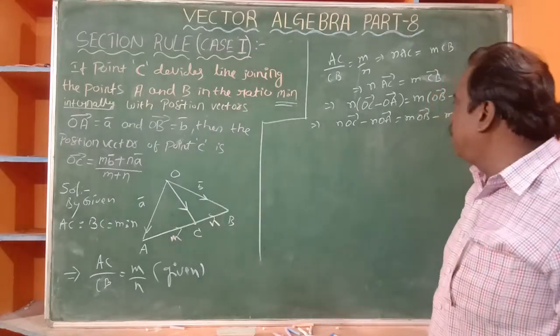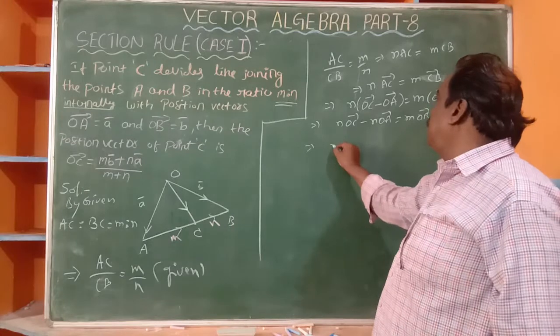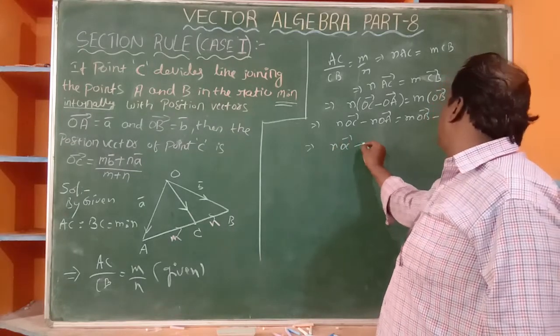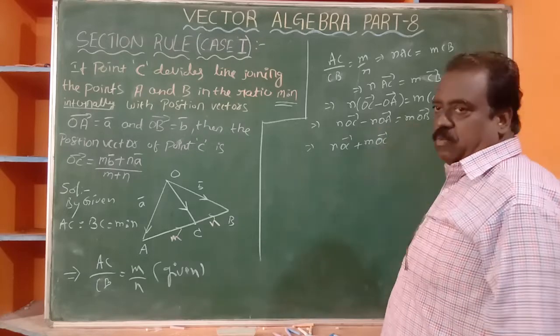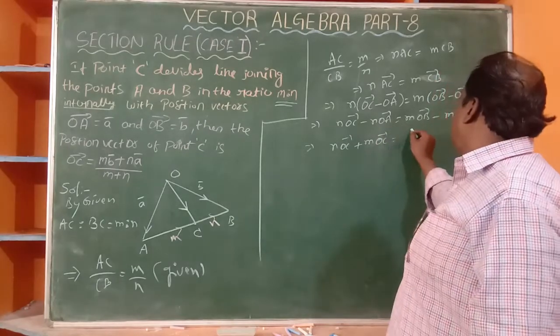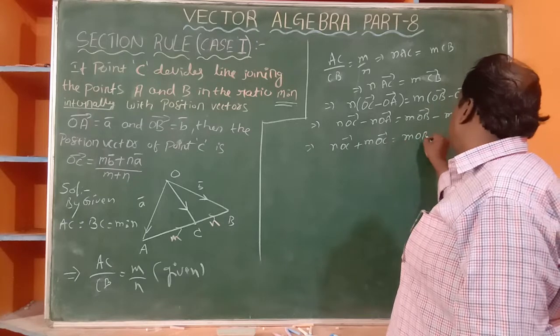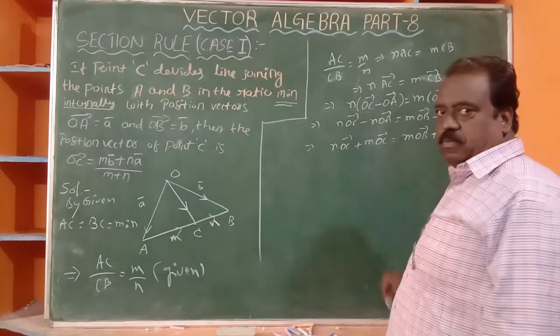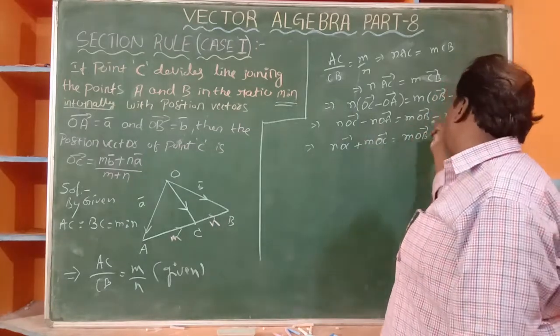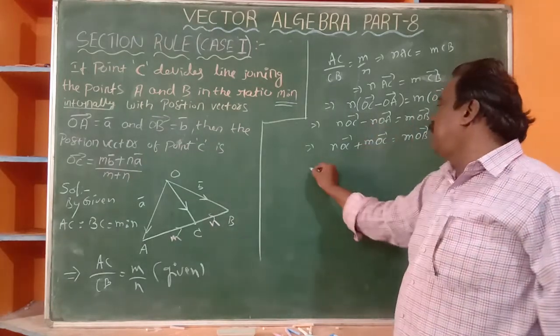Okay, will you agree? Now it is N OC bar plus M OC bar on one side. And here it is M OB bar plus N OA bar. I am sending to this side.